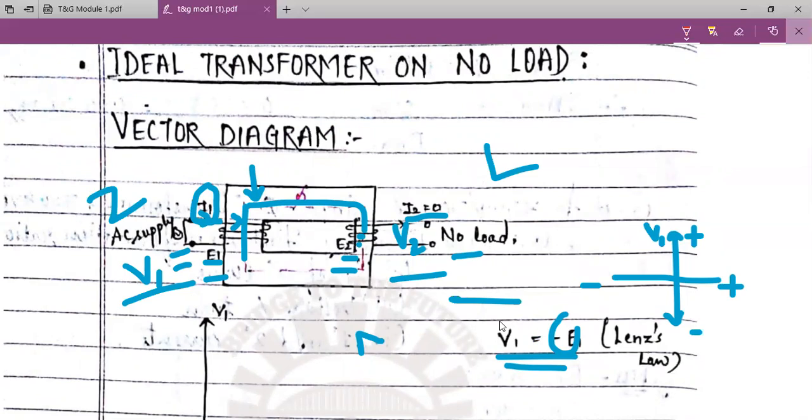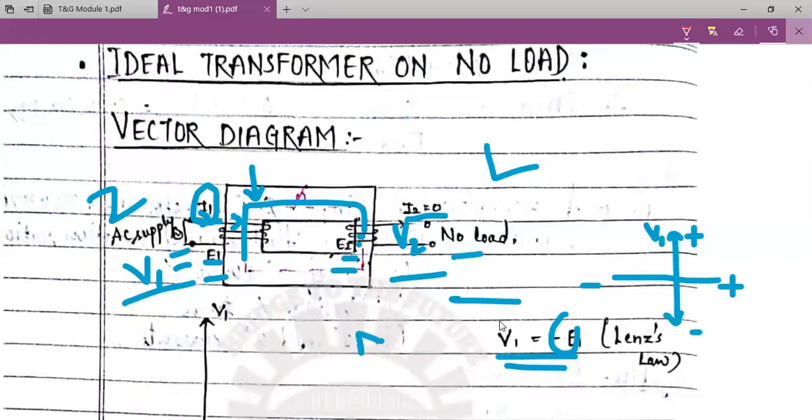After that, we'll have the equivalent circuit of the transformer. I'll tell you how to draw and how to remember the equivalent circuit diagram. So in this first chapter, concentrate on the practical transformer on load and no load, with phasor diagrams, and also the equivalent circuit, OC and SC tests.